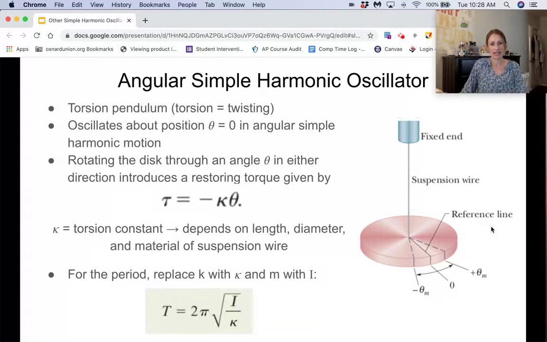So we end up with this equation: our period T is equal to 2 pi times the square root of rotational inertia I over our torsion constant kappa. Looking at this equation, you can see that it's the angular equivalent of our period equation, because that had m over k inside the square root.